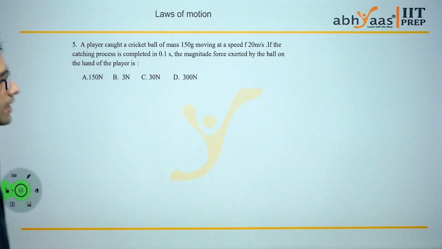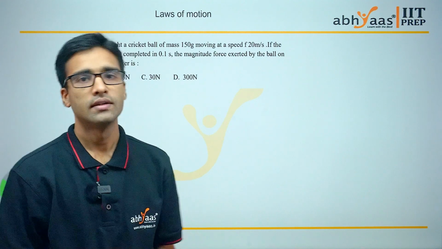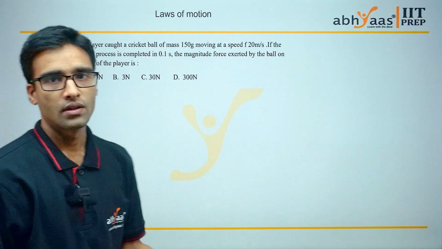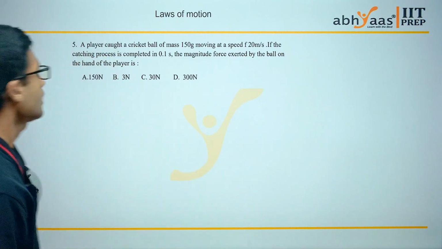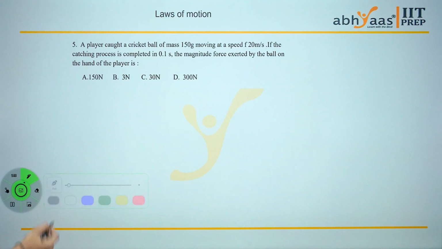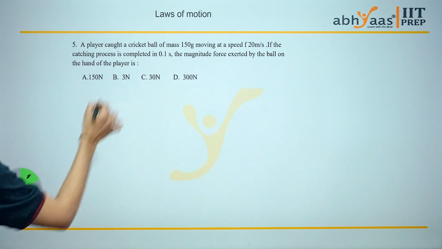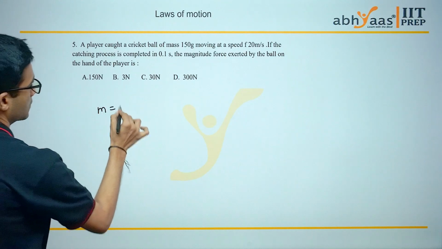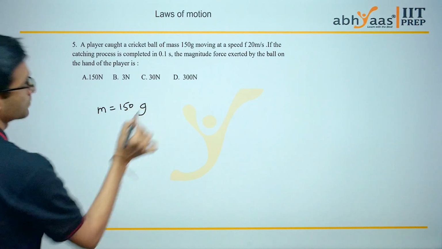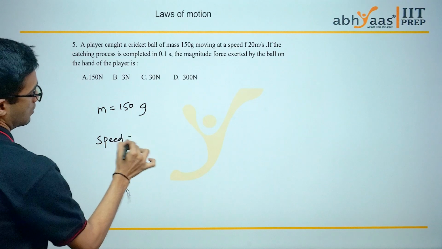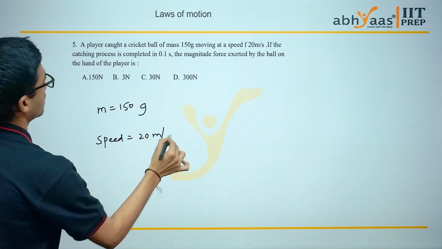Now going to another question. This is also based on Newton's second law, impulse and change in momentum. If you know that, that will be the answer. Here, what is being asked? Magnitude of force. A player caught a cricket ball of mass 150 grams, speed 20 meters per second.